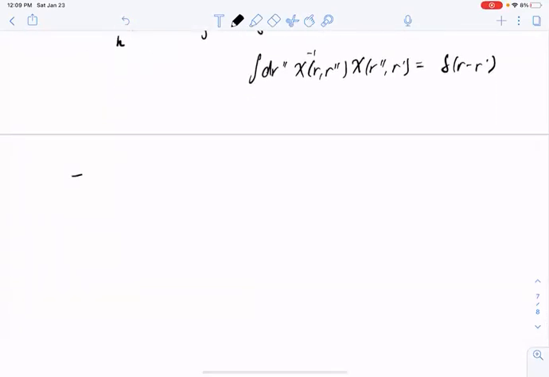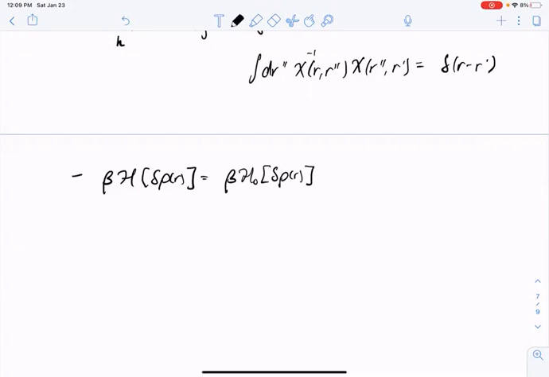I can write now my perturbation to my original Hamiltonian. Now acting again on the field, the density field, where the density is a function of the points in space.